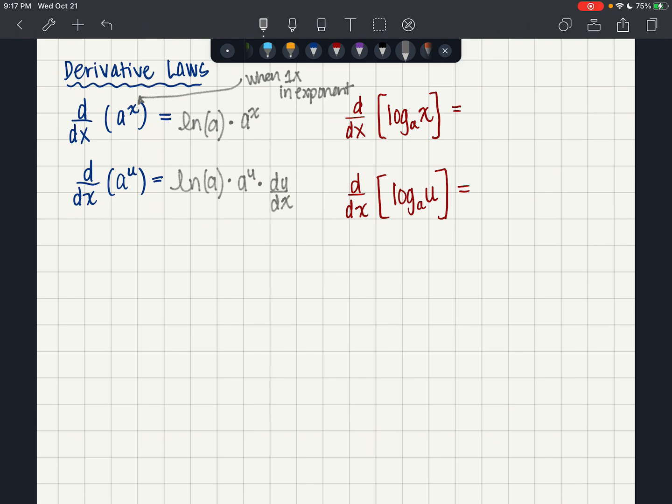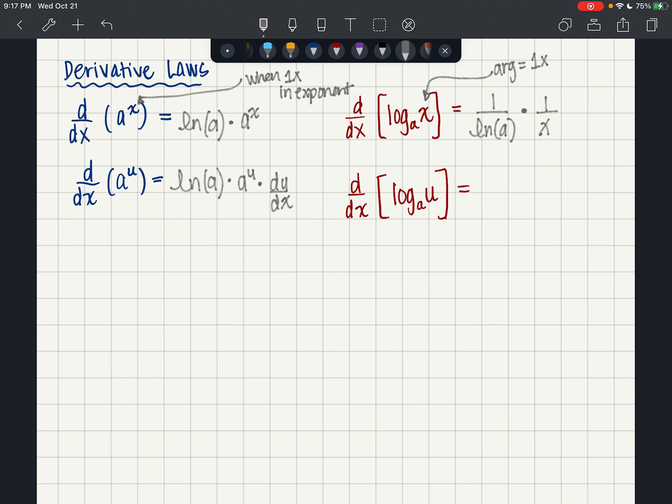The derivative of log base a of x with respect to x is 1 over the natural log of the base times 1 over the argument, that's it, because it's just an argument of x. So that's when the argument equals 1x.